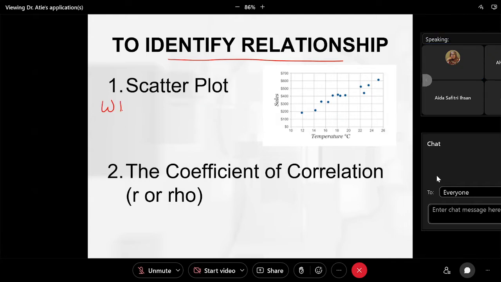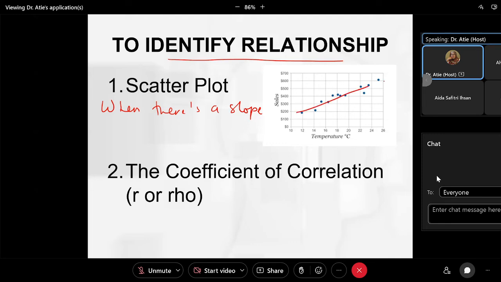When there's a slope, meaning gradient. So for example, if we have something like this, or something like this, there is a slope, so we can actually draw a triangle. So it means there is a relationship.